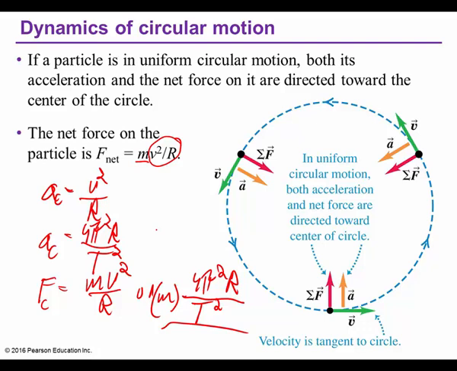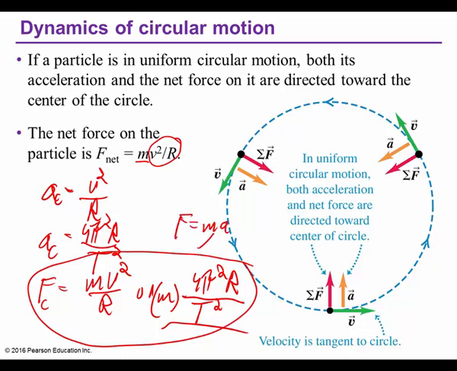Because look, y'all, this is still Newton's second law. It's still the same law, except instead of linear motion, it's circular motion. And it doesn't matter whether it's going vertically or horizontally or at an angle.